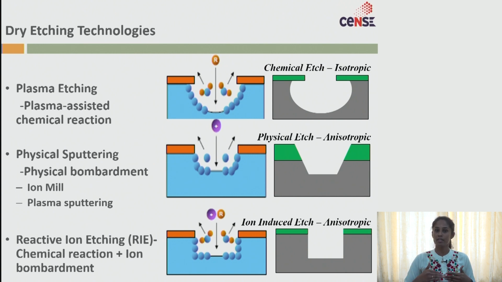These radicals are responsible for your chemical etch and ions are responsible for your physical bombardment. That's why reactive ion etching is also called ion assisted etching. By controlling both chemical etch and ion bombardment, we can always achieve highly directional anisotropic profiles.